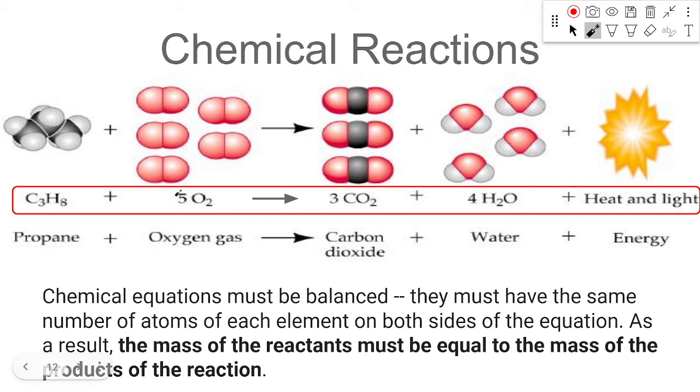With 5 molecules altogether, there are 10 atoms of oxygen in those 5 molecules. When you burn propane with oxygen, what it's going to make is 3 carbon dioxides, 4 water molecules, and it's going to give off a bunch of heat and light. That is the chemical reaction for burning propane.